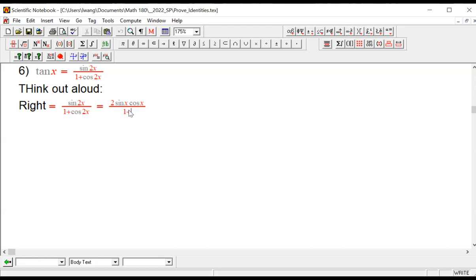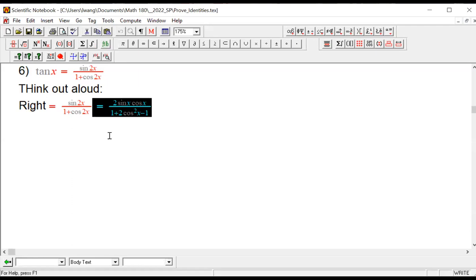For cosine 2x, we have 3 formulas. So which one do we use? I'm going to use the formula 2 times cosine squared x minus 1.